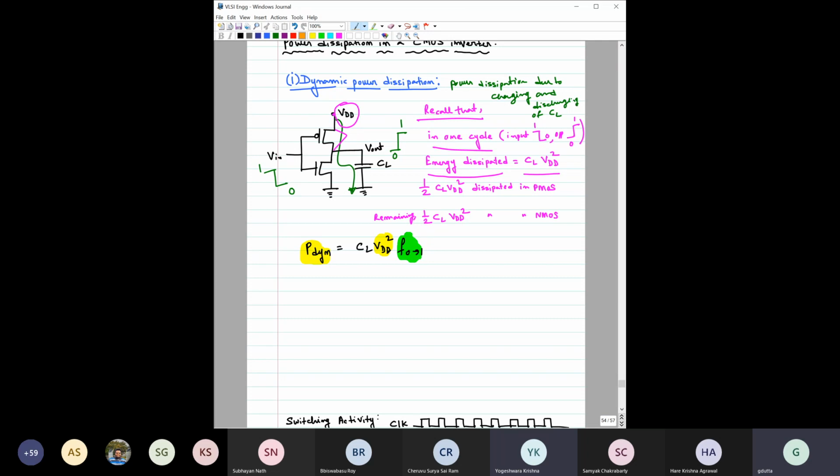So to indicate that, we write P dynamic equals CL VDD square, f clock, and we multiply with a probability factor of 0 to 1. This probability factor indicates how often the output changes from 0 to 1, because only when the output changes from 0 to 1 is power consumed for this dynamic power consumption. So we introduce this probability factor.